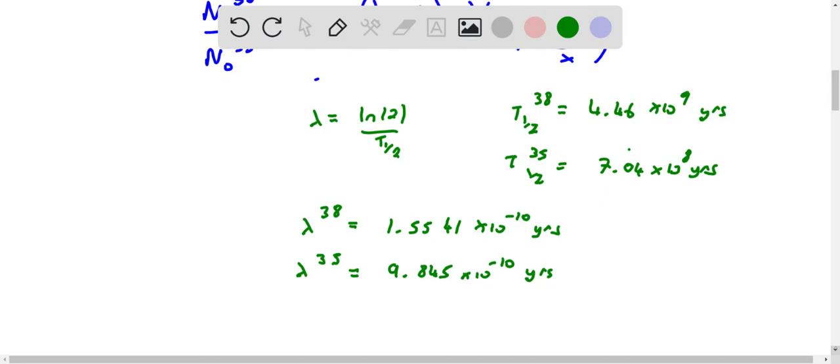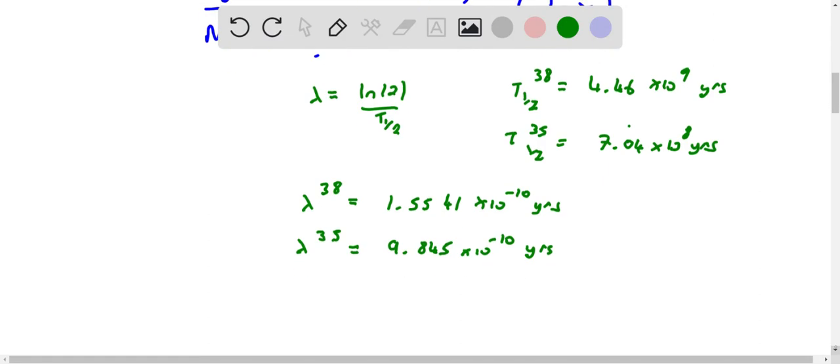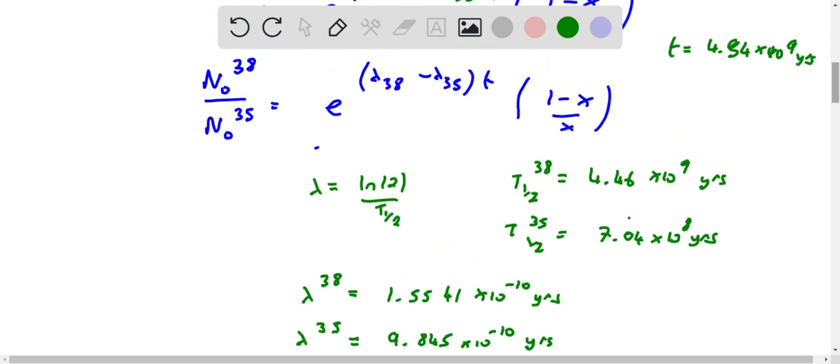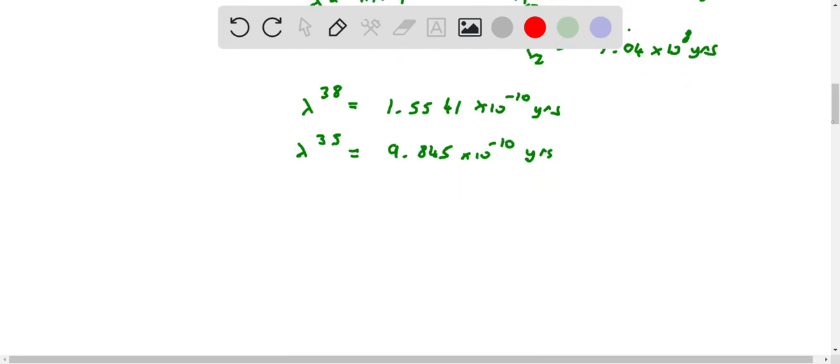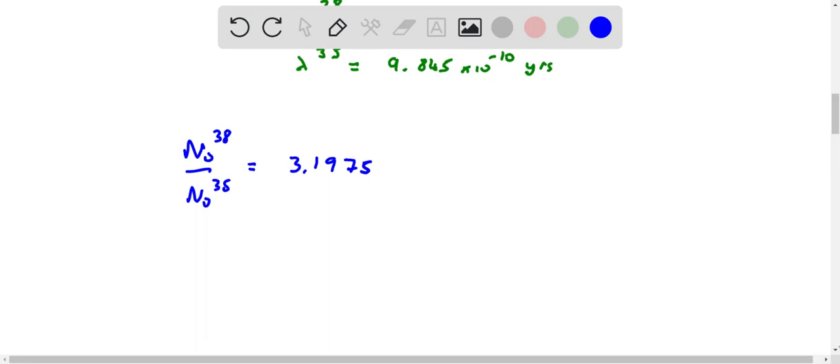Okay, so that is all sorted. So we can substitute into the formula to get this expression here, just by using the calculator. The initial number of uranium-238 divided by the initial number of uranium-235 is equal to 3.1975. Okay, so how can we use this?